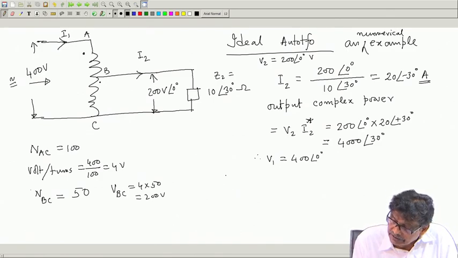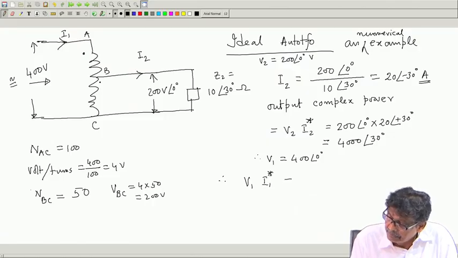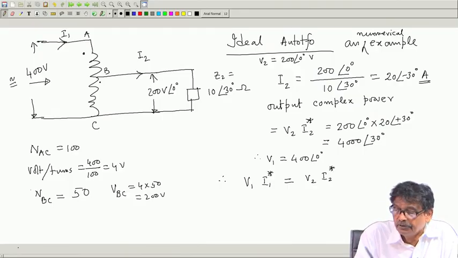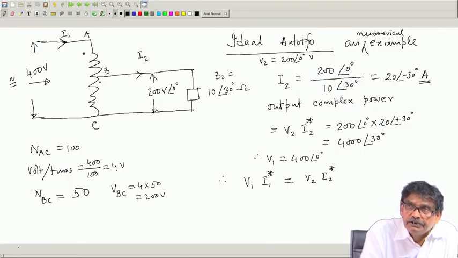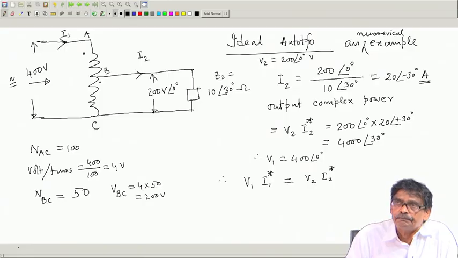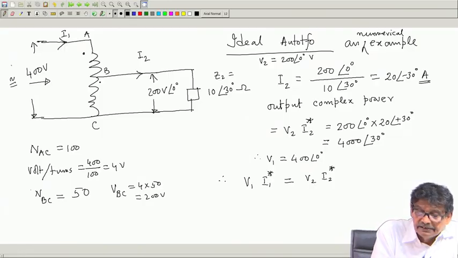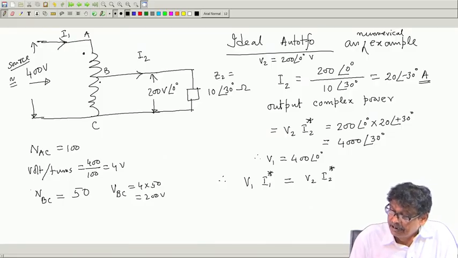So, what I will do is, I will say that V 1 I 1 star must be equal to V 2 I 2 star. Whatever you dump on the load must be drawn in from the source side, this is source. It must be like that.